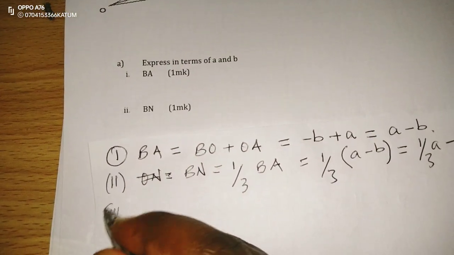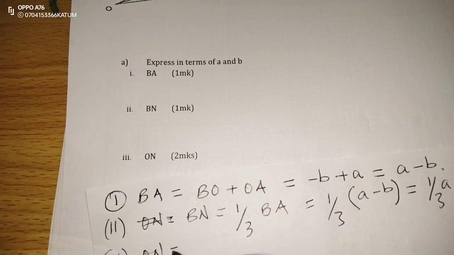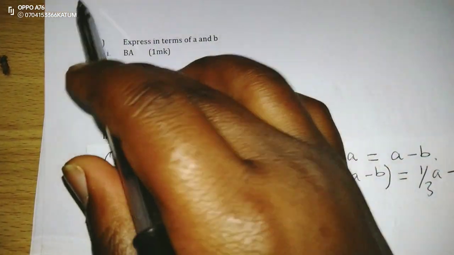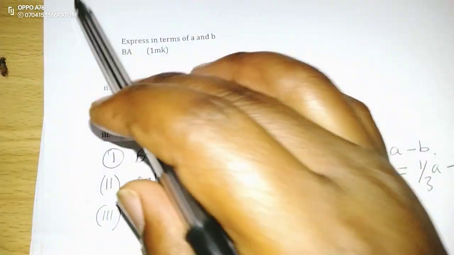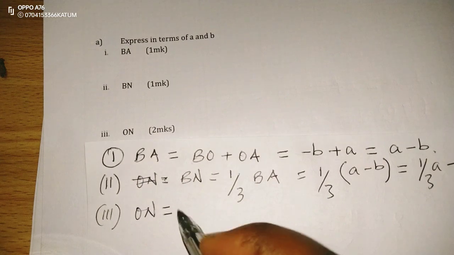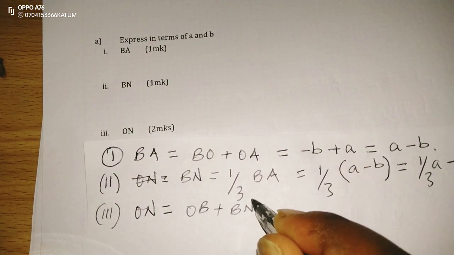Then number 3, we have the ON now. So the vector ON, we can follow this route or this one. So we can say ON equals OB plus BN.